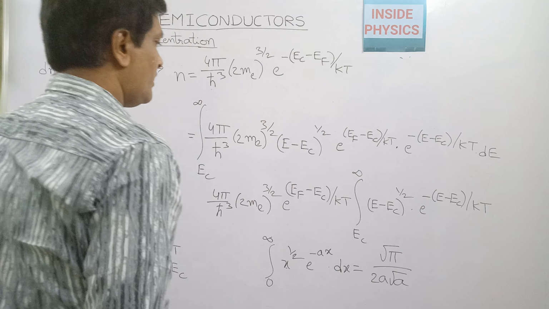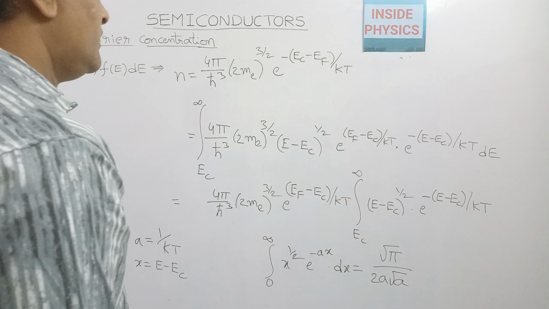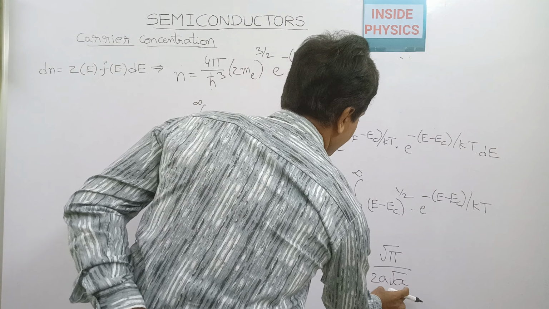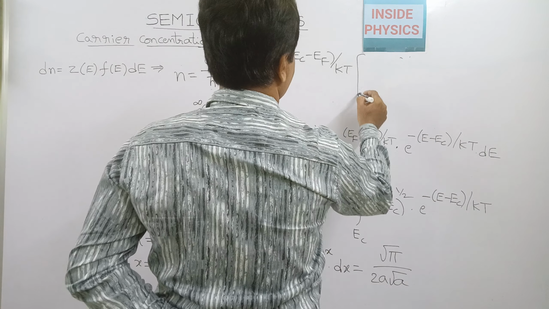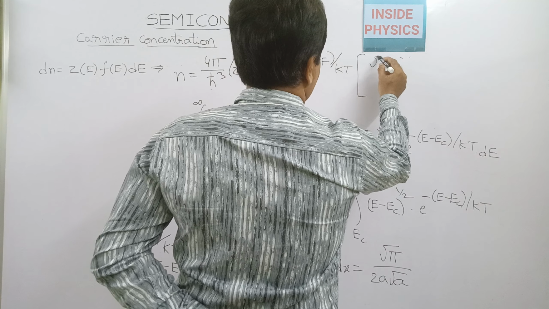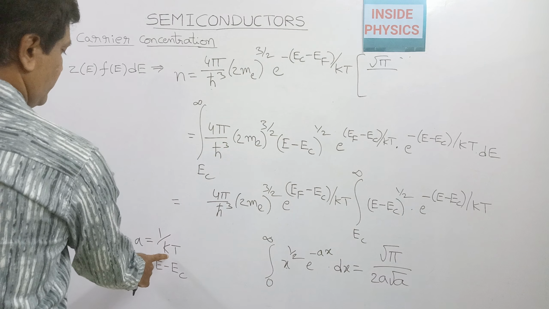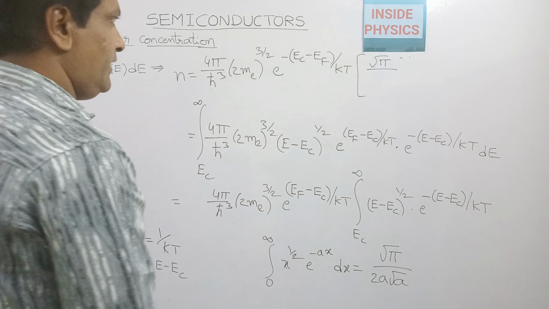Ef minus Ec, I have written as minus (Ec minus Ef) by kT. And here if you observe, this integration form is taken as a solution, and here we can write root pi by 2a. What is a here? a is 1 by kT.